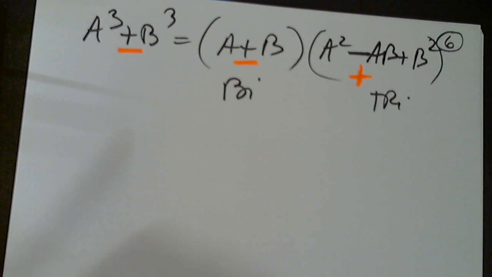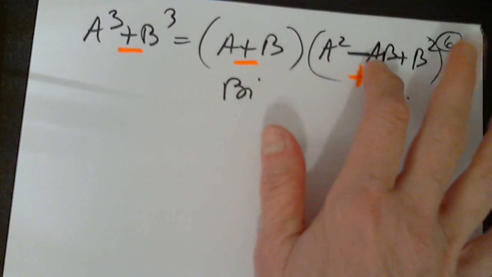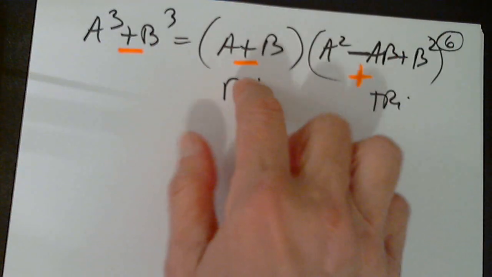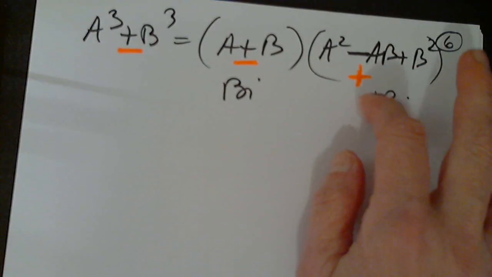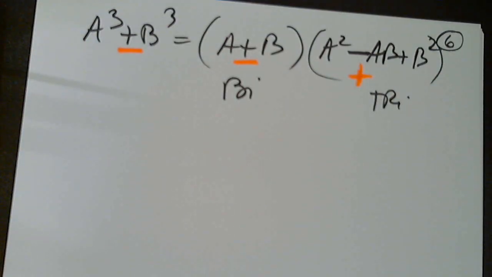Okay? So, a cubed plus b cubed is a plus b times a squared minus ab plus b squared. But a cubed minus b cubed is a minus b, a squared plus ab plus b squared. Very important formulas.